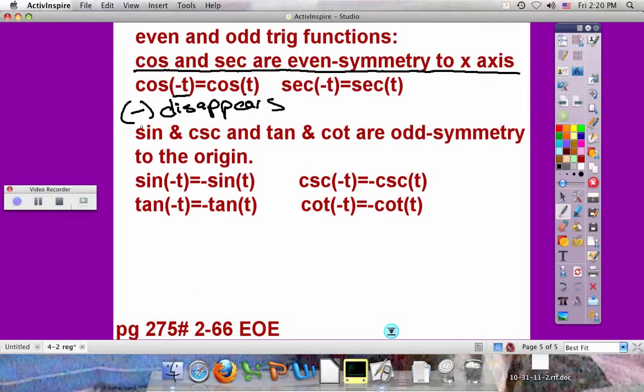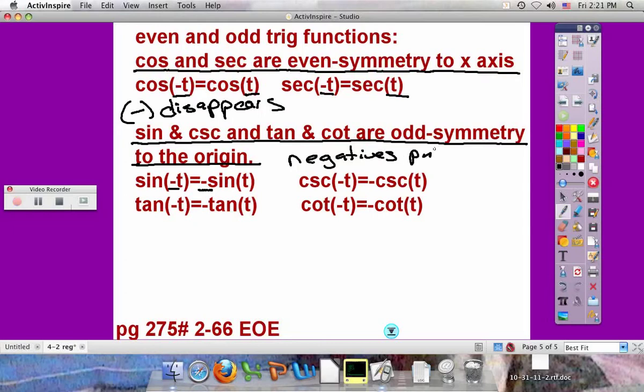The negative sign just disappears. For sine, and cosecant, and then tangent and cotangent, they all have odd symmetry with the origin, so they reflect about the origin. And in this case, the negative sign pulls out front. Pull out front.